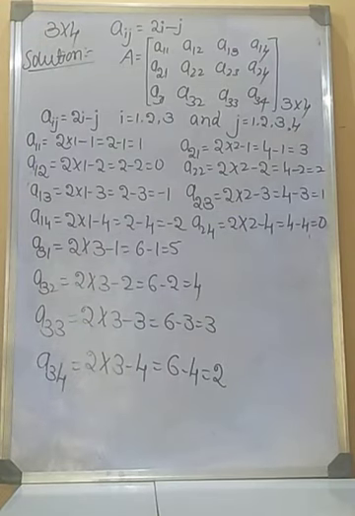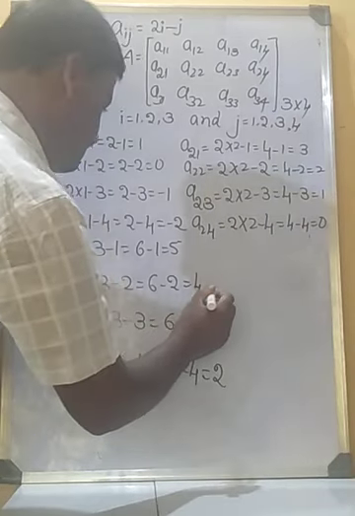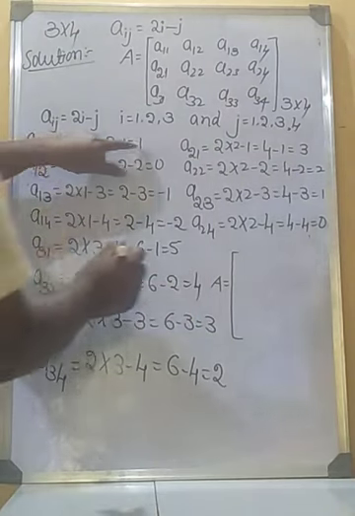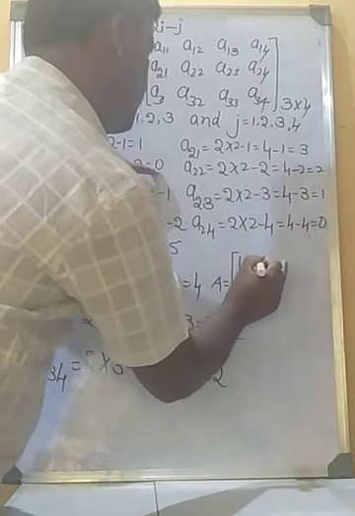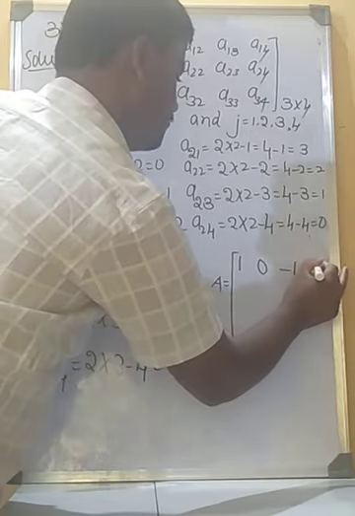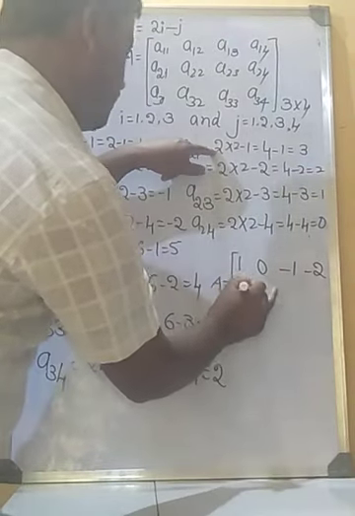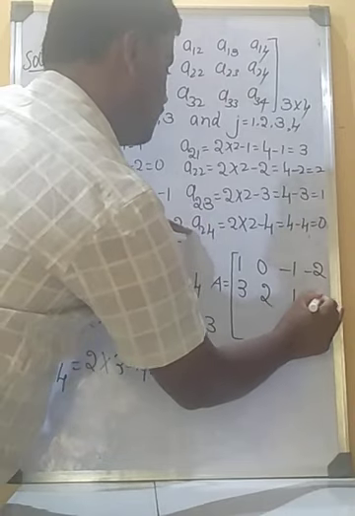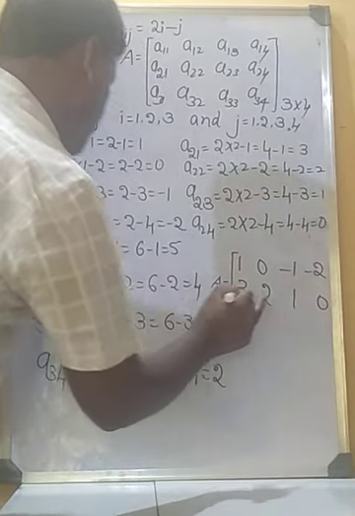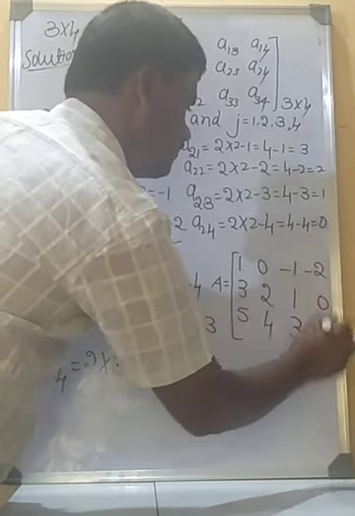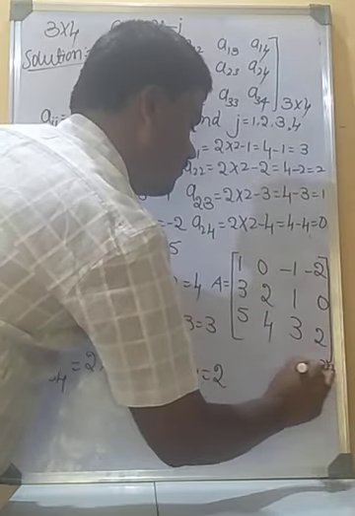So finally, the required matrix is A equal to: A11 is 1, A12 is 0, A13 is minus 1, A14 is minus 2, A21 is 3, A22 is 2, A23 is 1, A24 is 0, A31 is 5, A32 is 4, A33 is 3, A34 is 2. It is a 3 cross 4 matrix.